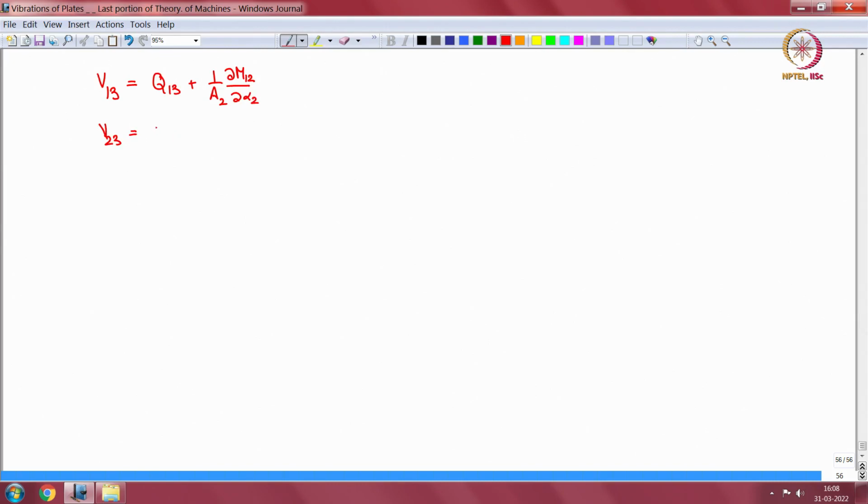V23 is given by Q23 plus 1 by A1 del M21 by del alpha 1. Okay, so these are now named as Kirchhoff effective shear stress resultants of the first kind.